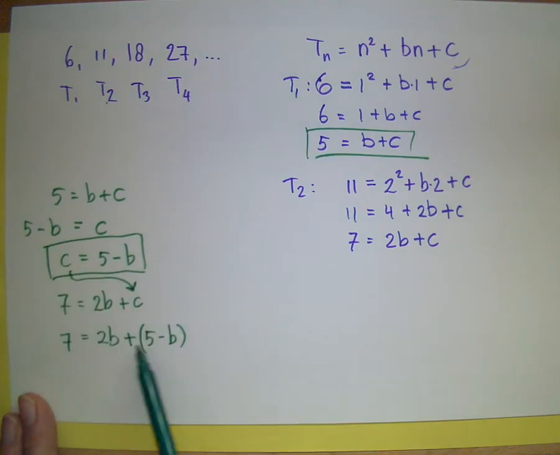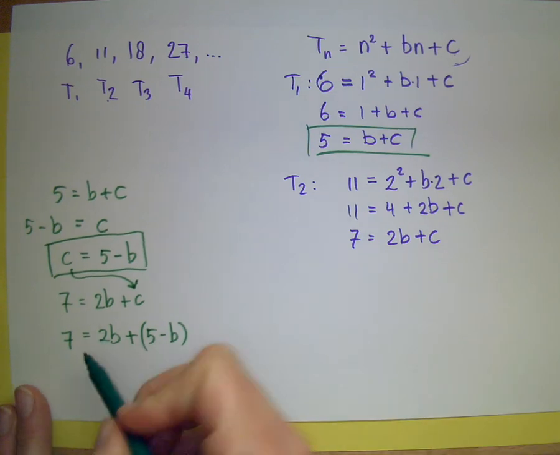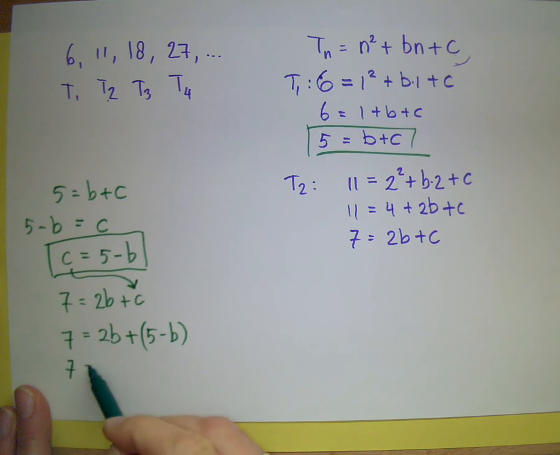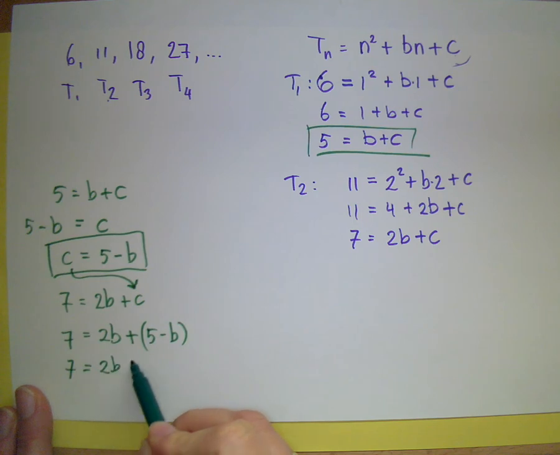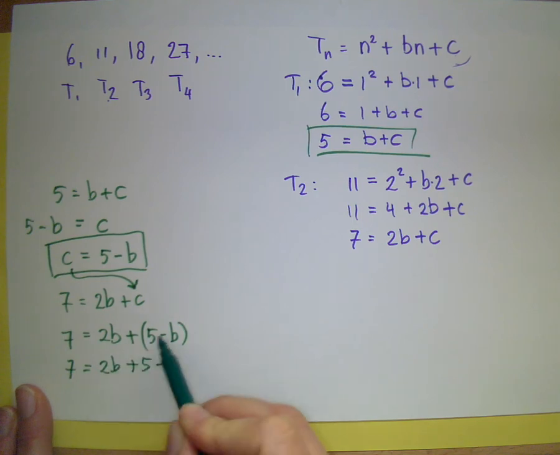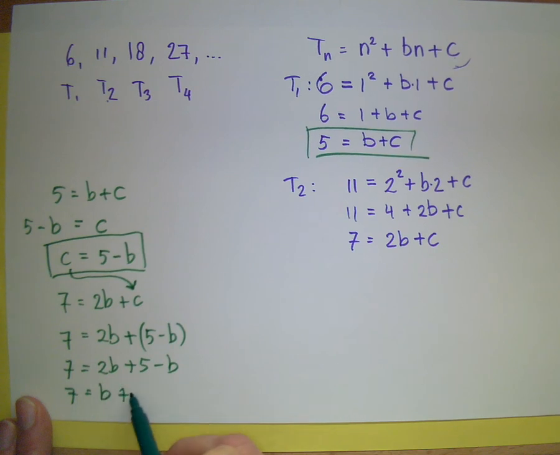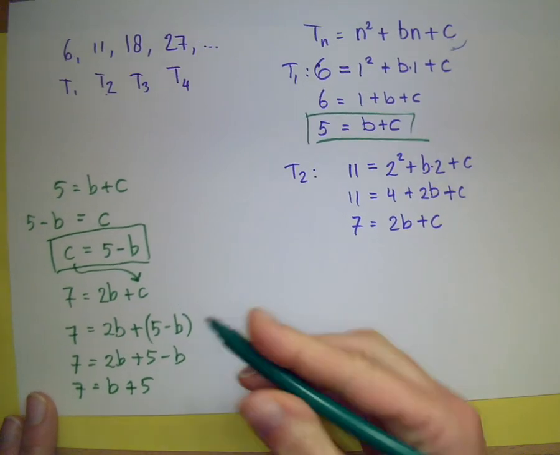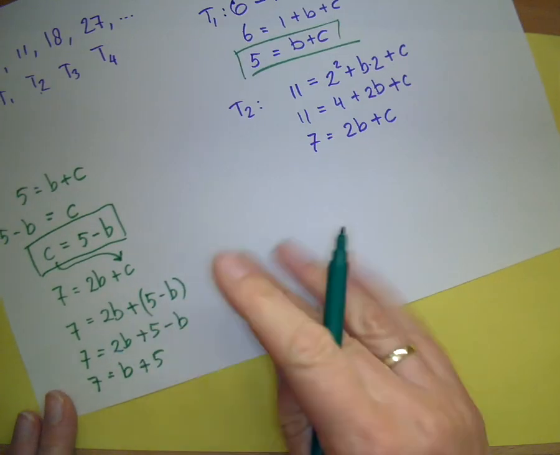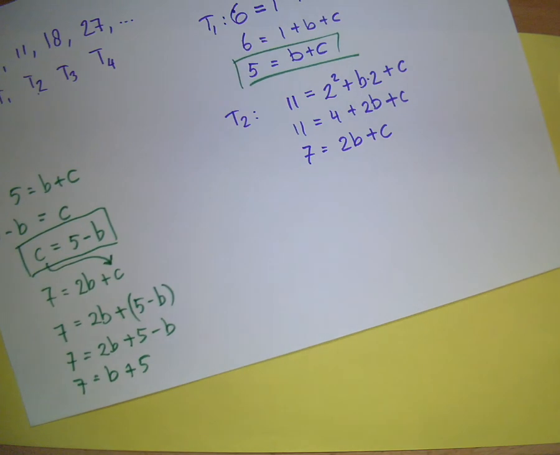Now I have only b as my unknown, and I like that because now I can solve for b, right? 7 equals 2b plus 5 minus b, right? I can get rid of the parentheses just like that. I'm going to not take too many steps at a time. 2b minus b is b plus 5. I can subtract 5 from both sides. I always get stuck on the bottom of the paper.